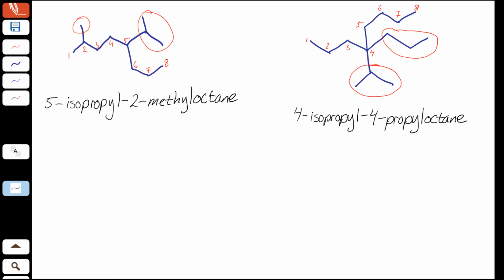Let's try one more, and let's see if everybody can get this one now that we've practiced a little bit. It's a big one. This is also an example from the book.